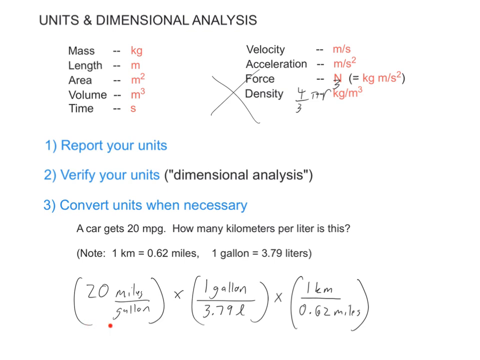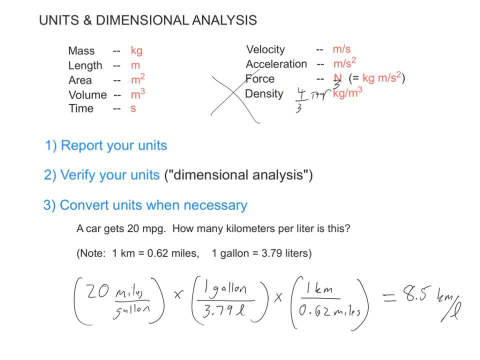So that doesn't change the original expression. And now, let's look at what we get. If we multiply this all out, this comes out to be 8.5 kilometers per liter.